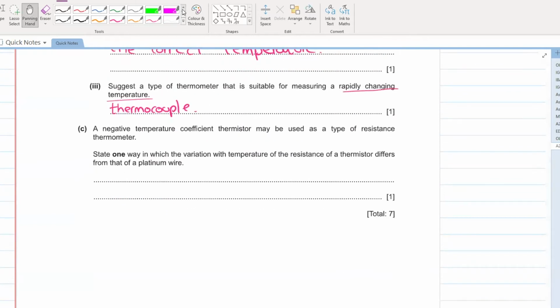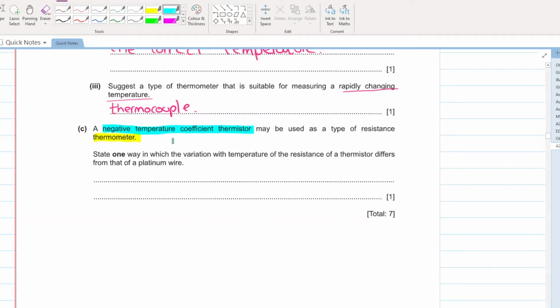Let's further move ahead. A negative temperature coefficient thermistor may be used as a type of resistance thermometer. State one way in which the variation with temperature of the resistance of a thermistor differs from that of a platinum wire. Now you have to realize one thing. Why has the examiner written negative temperature coefficient thermistor?